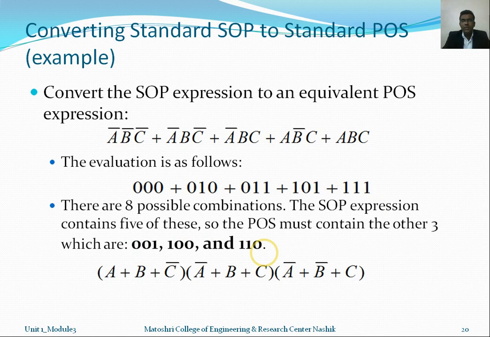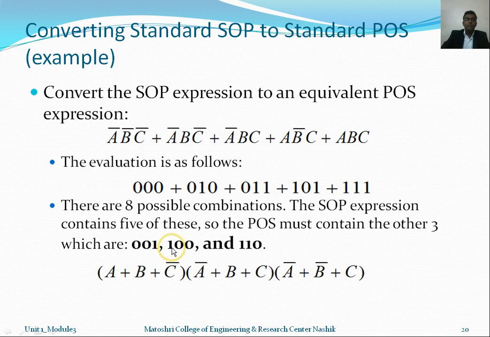These belong to the POS form. First we take the SOP expression and evaluate the SOP terms, and the remaining ones are the POS terms. In case of POS, 0 means not complemented, but 1 means complemented. So the 0 value is A, which is ORed with B, again 0, where the 1 represents complement, so C is complemented here.